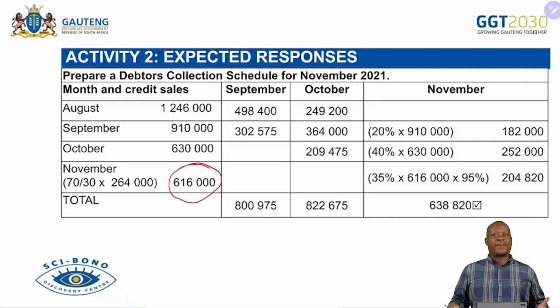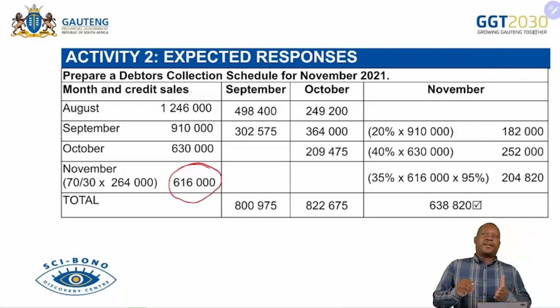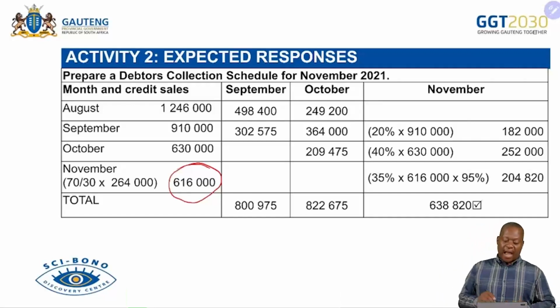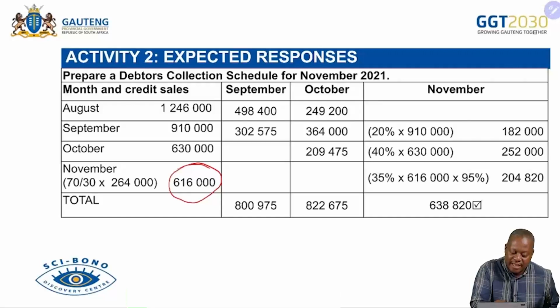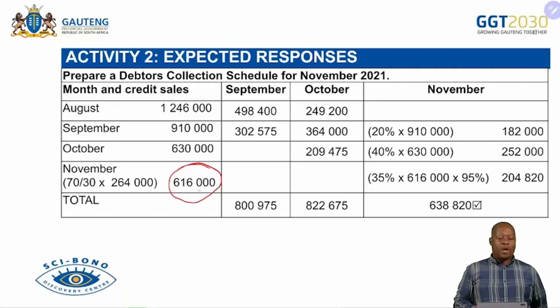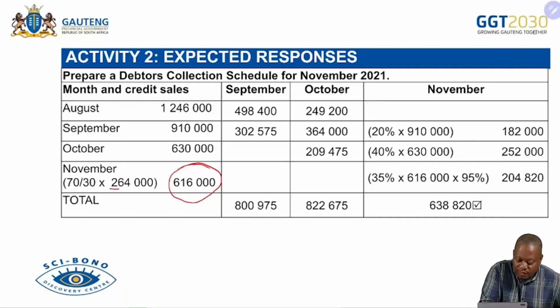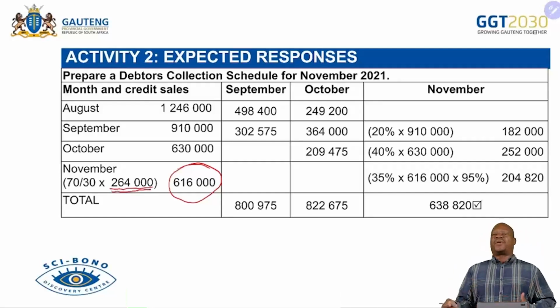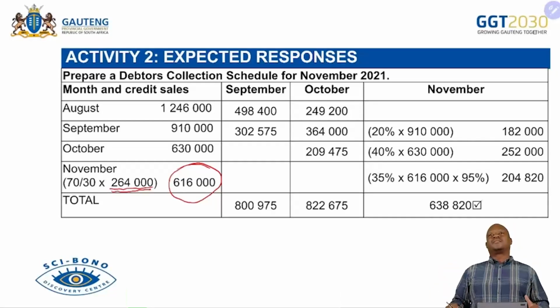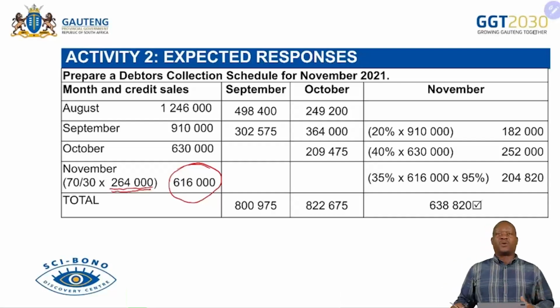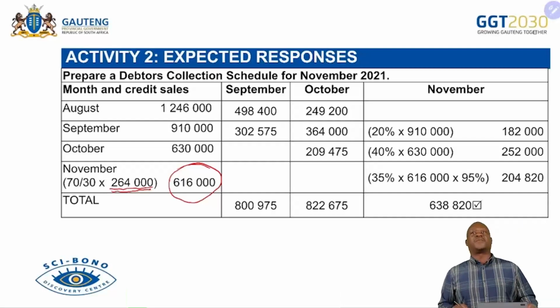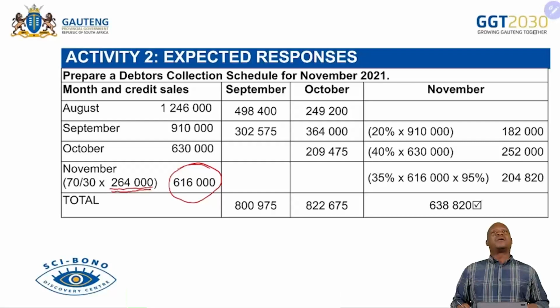You still remember that, right? 70% is on credit. So it therefore means if we are not given the credit sales for the month of November, we can use the cash sales for the month of November, which is given, to find the credit ones. Straightforward. 70 over 30 times 264,000 gives us 616,000. That is the credit.